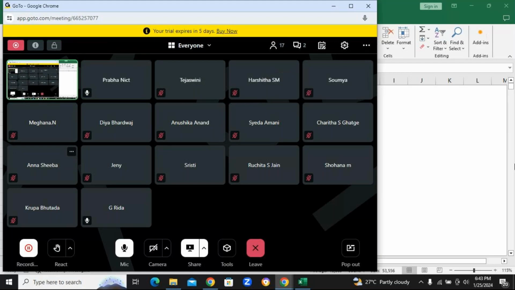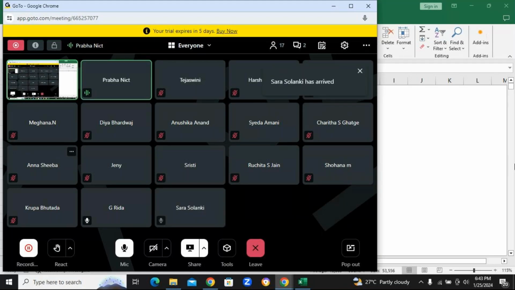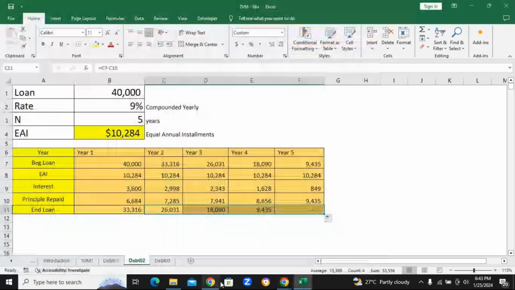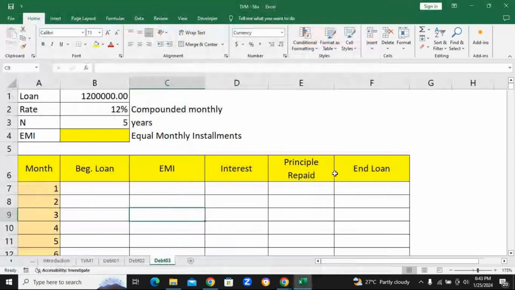If anybody did not get the value and you want me to explain, I hope everybody has done this. So let's go to the next thing. How many of you were able to solve this debt amortization?